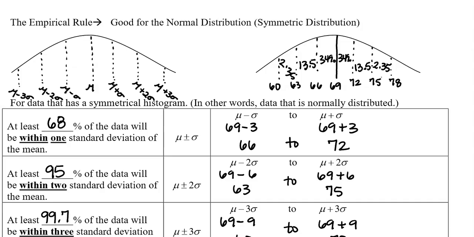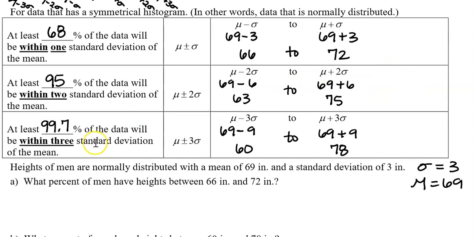And we would see that we're missing 0.3%, so there is 0.15 in that piece off to the left, and there is 0.15 in this piece off to the right. That's the percentage of the data that lies in those ends. And these numbers are true not only for this example, but for any data that is normally or symmetrically distributed.